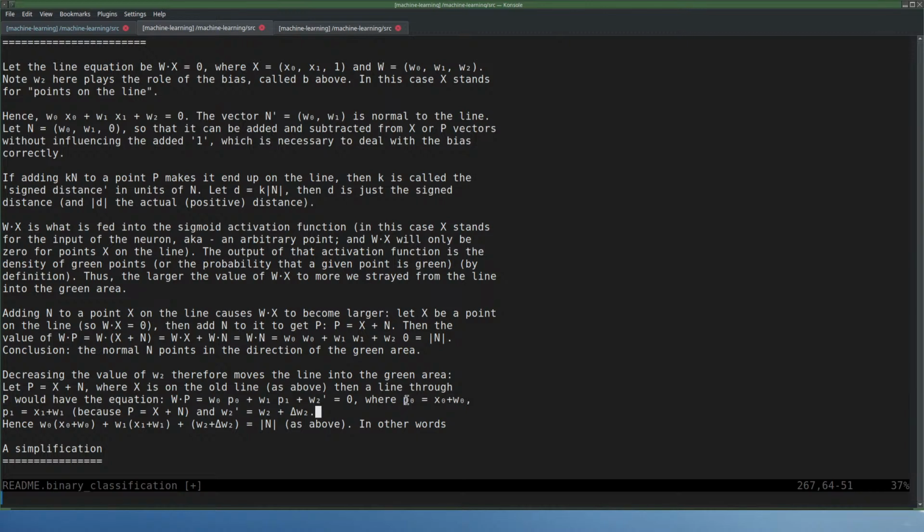Where we know then that P0 equals x0 plus w0, because that's the x-coordinate of the normal. And this one is the y-coordinate of the normal that we add. And we want to find the change of the W2 that we have to apply.